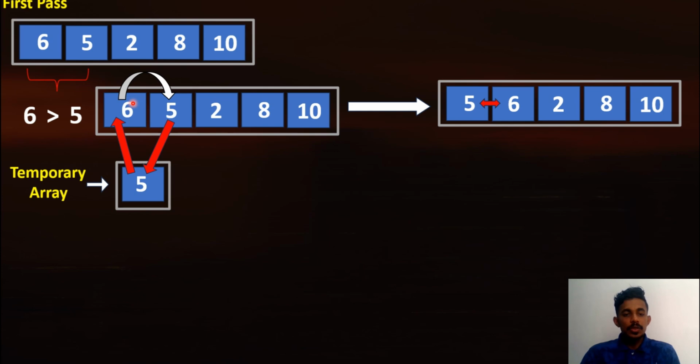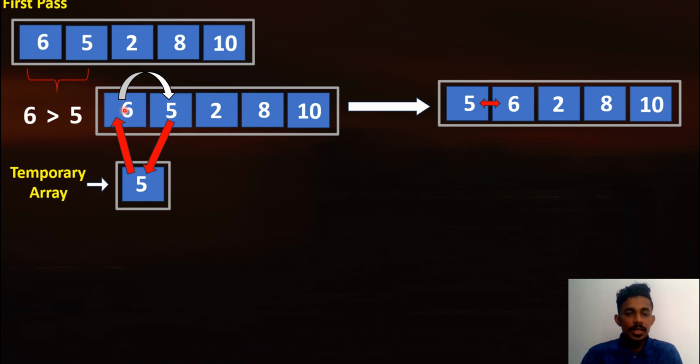Our array is 6, 5, 2, 8, 10, and we check which is the greater value, 6 or 5. Then 5 moves to a temporary variable, which means the fifth element's place is empty.